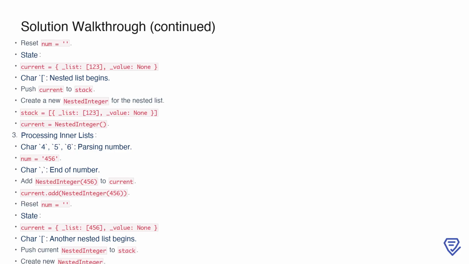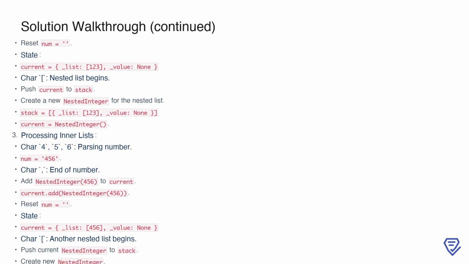When we reach the comma, it signals the end of this number. A new nested integer object is created for 456, added to current, and number is reset once more. The state of current at this point becomes _list: [456], _value: none.